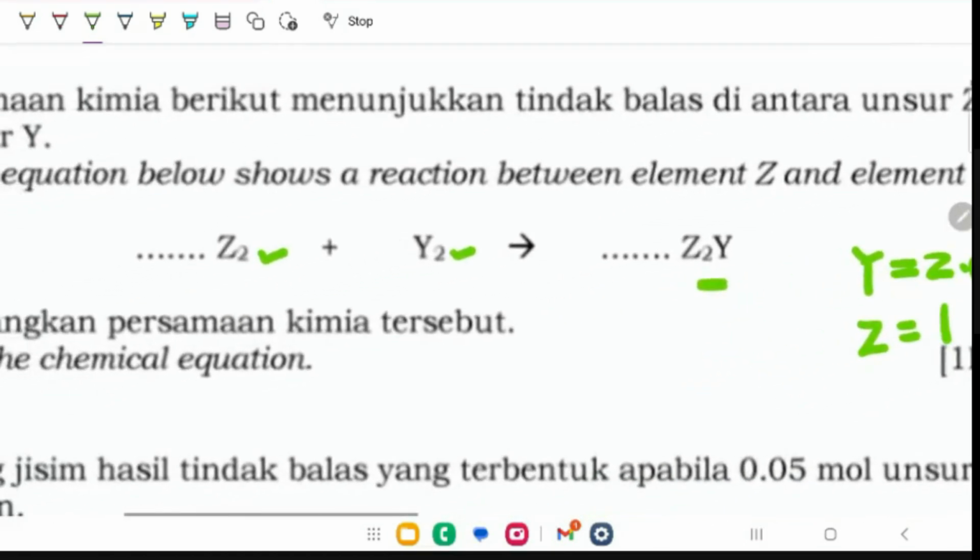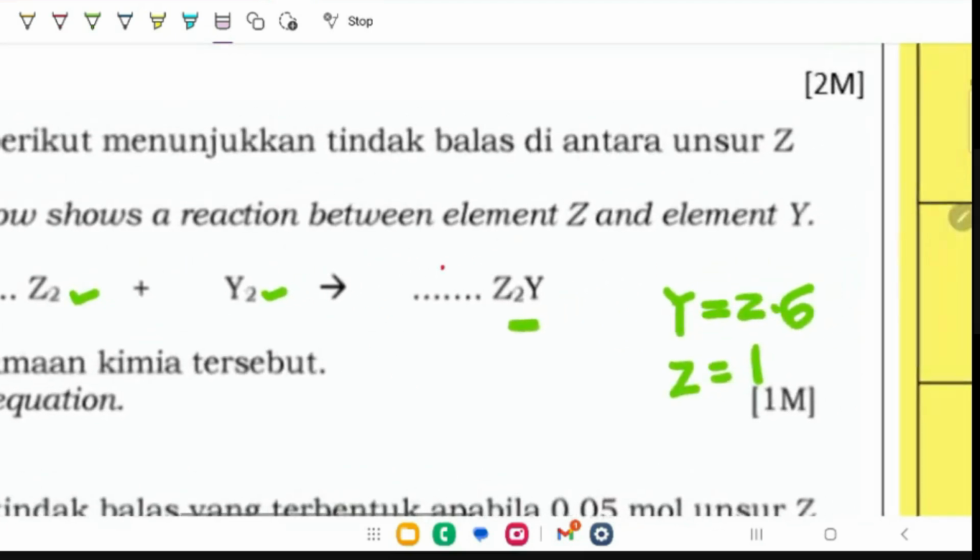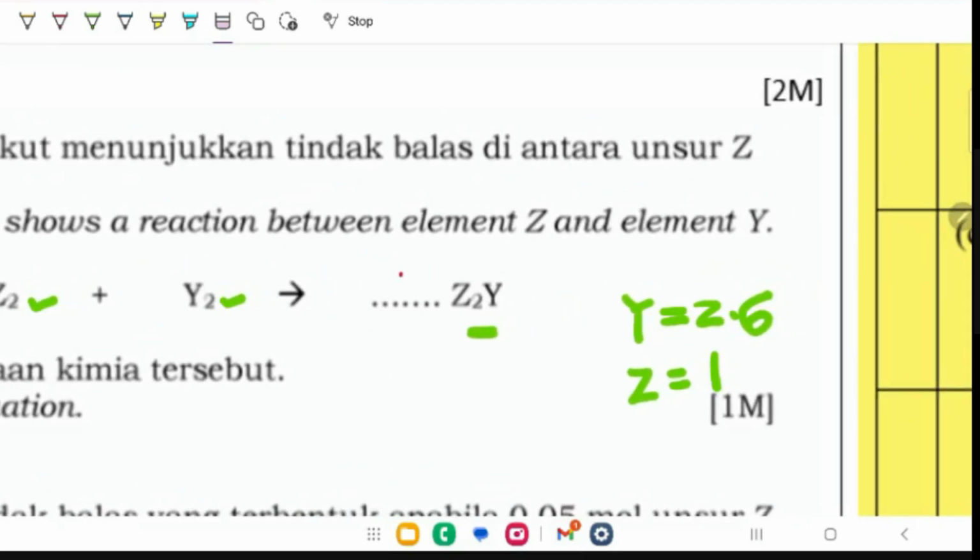Okay. So how to balance it, class? 2Z2 plus Y2 equals 2Z2Y. So this one is 2.